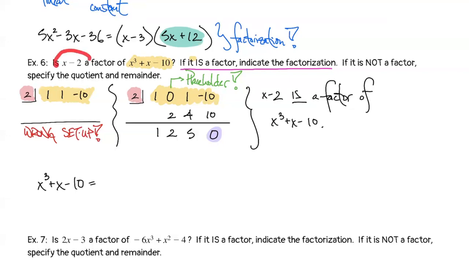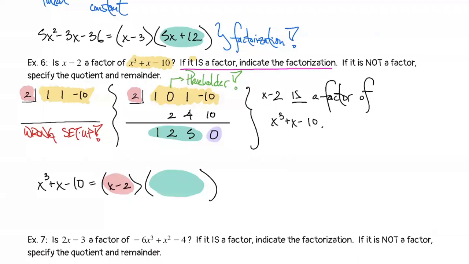So we're going to take our divisor, x minus 2, and we're going to multiply it by our quotient. And where do we get that quotient? From the coefficients on the bottom.